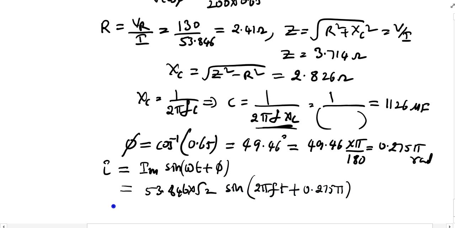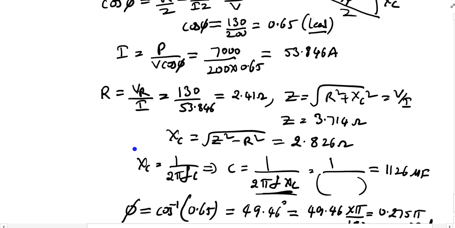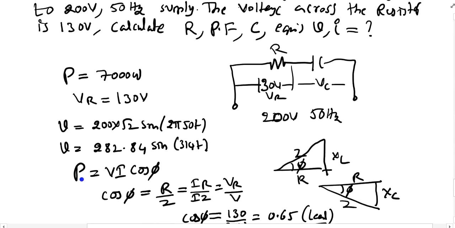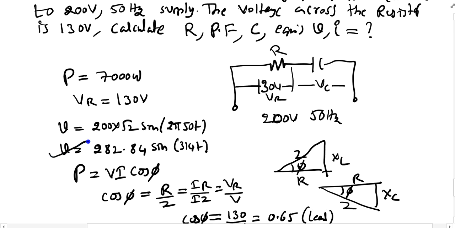This kind of thing you have to do. Simplify this, and you are going to get 76.15 sine of 100 pi t plus 0.295 pi. So this is the instantaneous current equation.